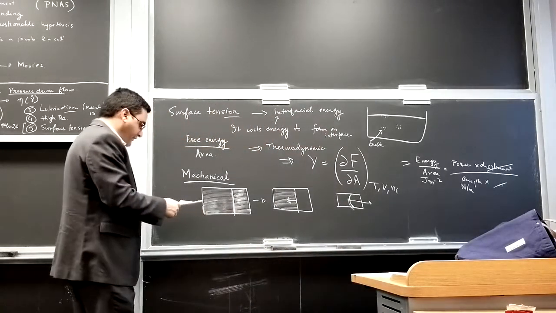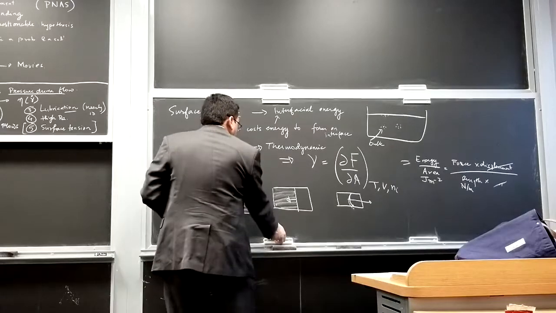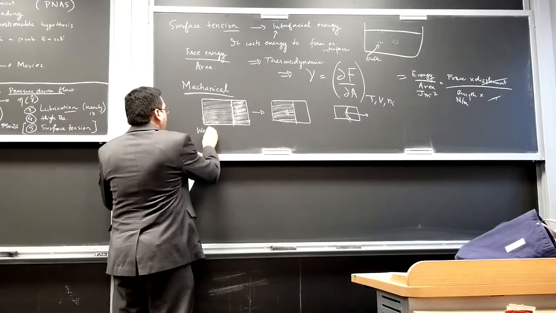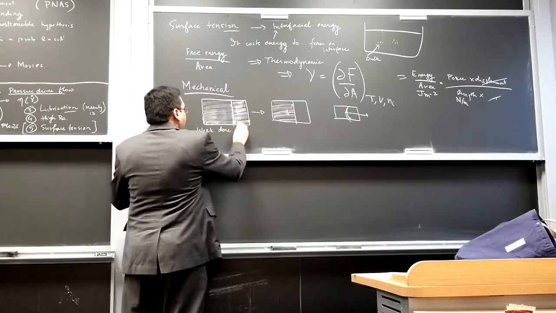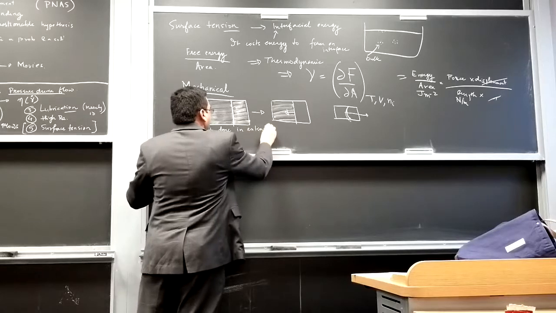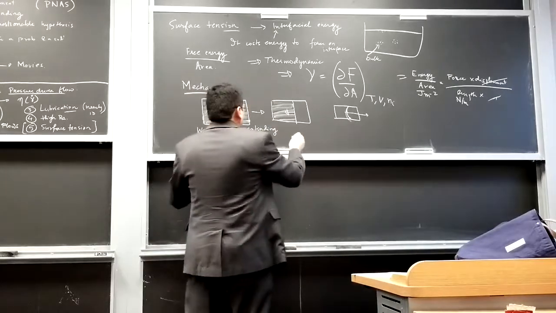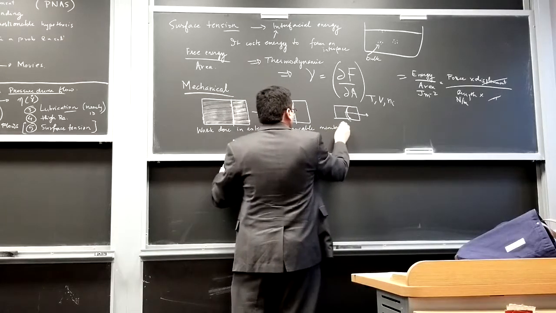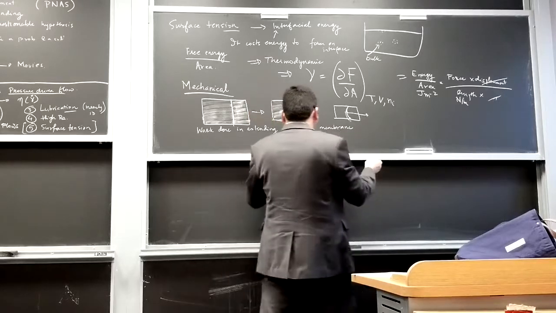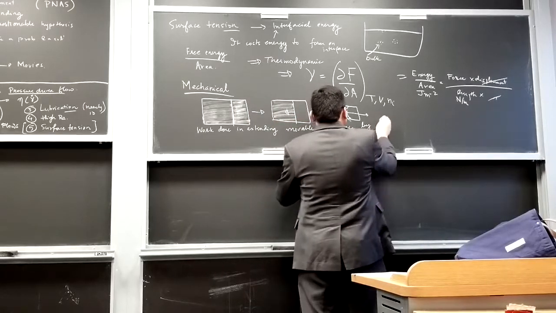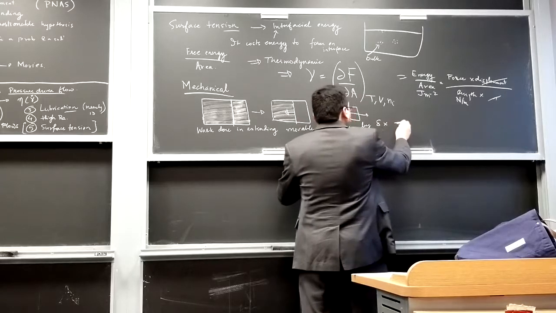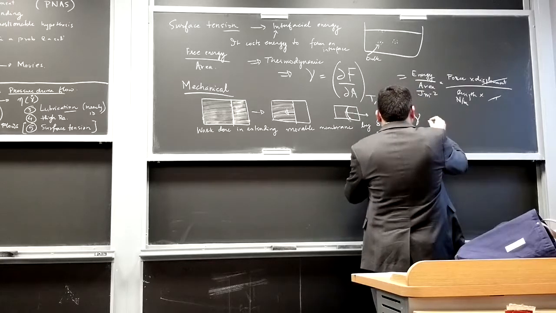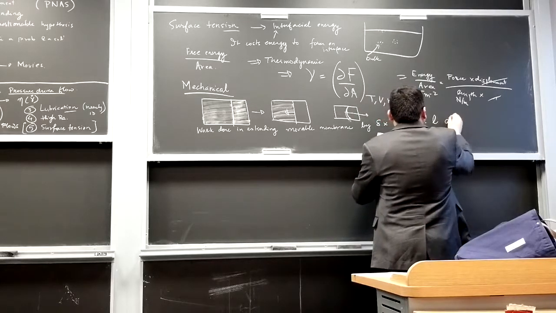So if we think in terms of forces, the work done in extending the movable membrane by delta x is going to be surface tension or surface energy multiplied with L dx.